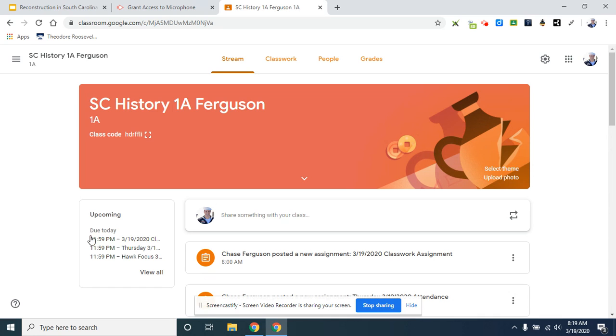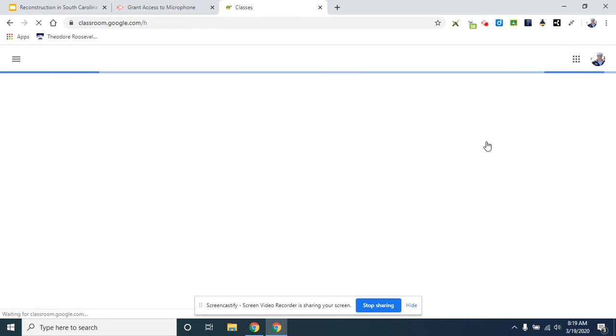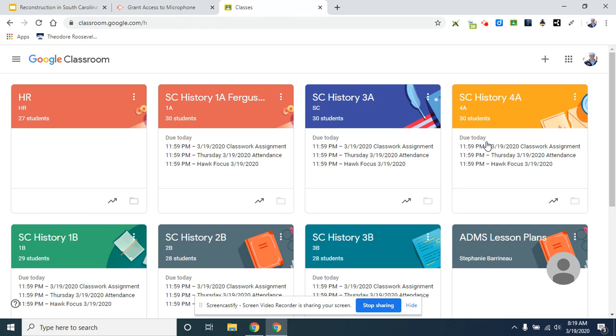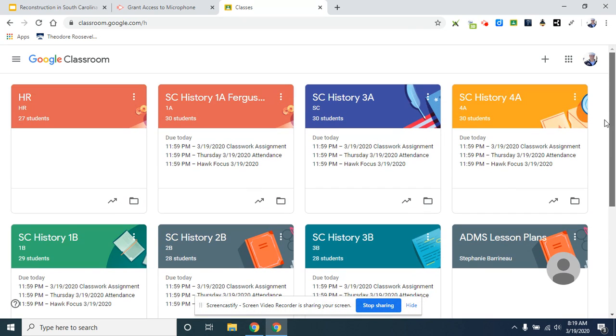And then you can still see everything that's due that day right here in the Due Today button. You can also see it when you look at Google Classroom like this. So, for instance, if it's your Google Classroom, when you click on it first thing in the morning, you should be able to see, oh, look, every class has a list of what's due. So this is a very important thing that you can do and show your parents too if they have any questions about it, okay? But I digress.